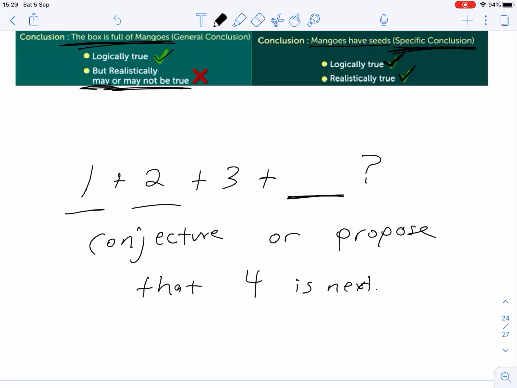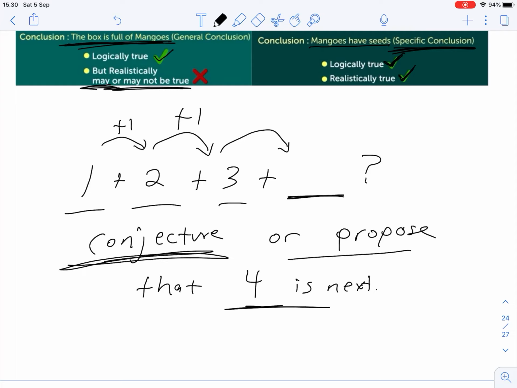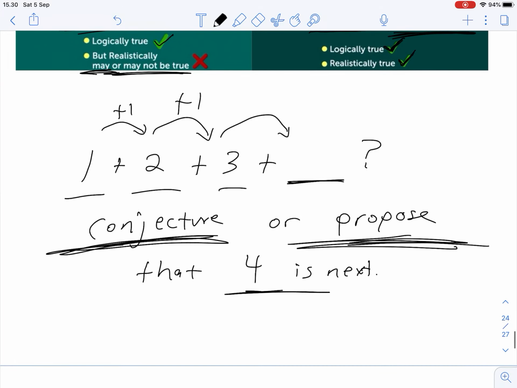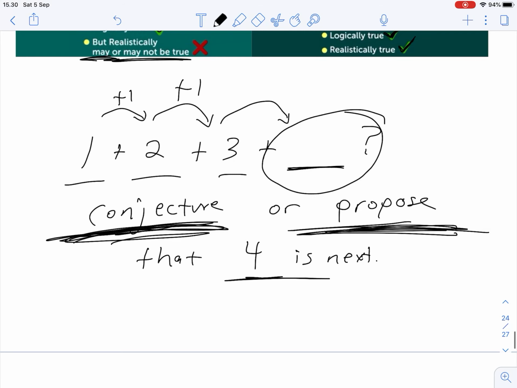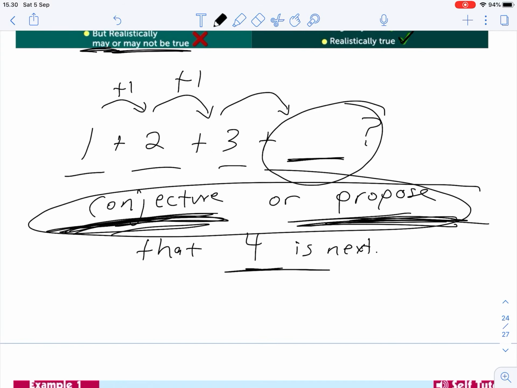Based on the pattern that we see, the rule that's being applied, plus 1, we would propose that 4 is next. Now, as mathematicians, we can conjecture and propose this, but we cannot stop at just proposing it. We want to see that it's made true. So this lesson is the intro to the point where we'll actually be able to prove what is next based on a conjecture or proposition that we have. For now, we'll just start with making a conjecture or a proposition about a pattern.